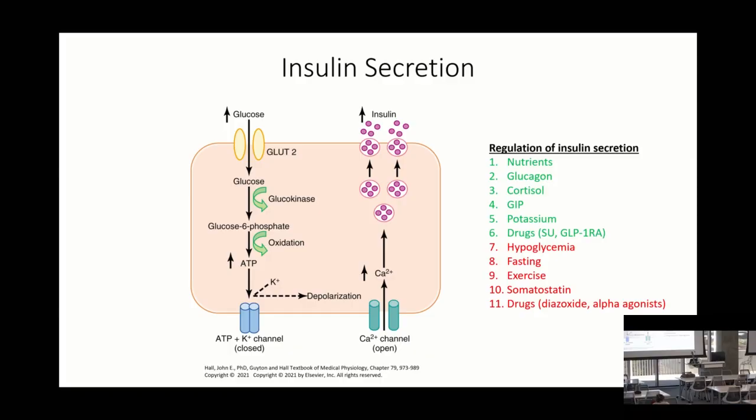So when the glucose is rising in the serum, more of the glucose goes into the beta cell. And the more that goes into the beta cell will now lead to glucokinase activity that leads to increased ATP and depolarization, leading to degranulation of the insulin vesicles, leading to release of insulin.